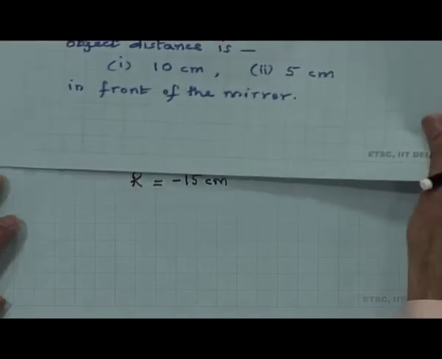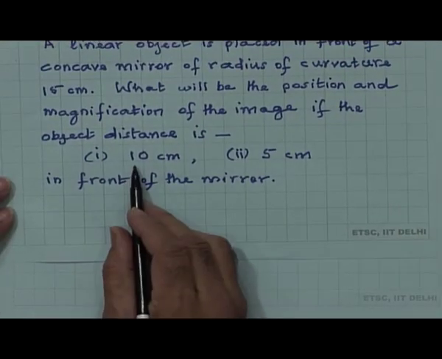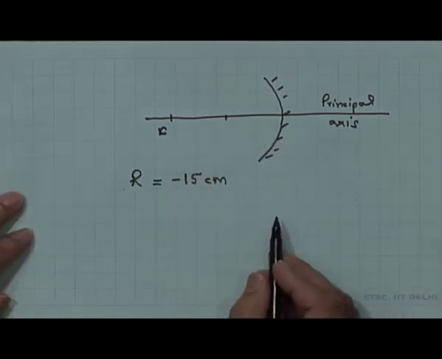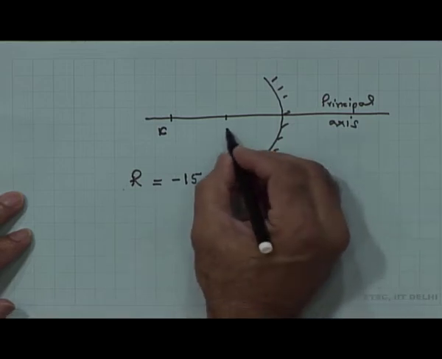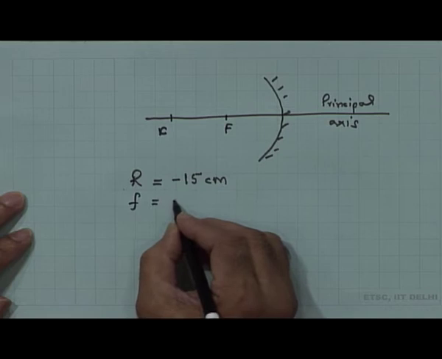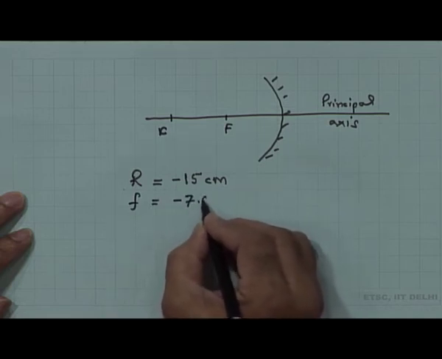The next data given is, first let us consider the object at a distance of 10 centimeter. So, the focus, we have already shown f is equal to r by 2. So, this is the principal focus, therefore f is equal to minus 7.5 centimeter.